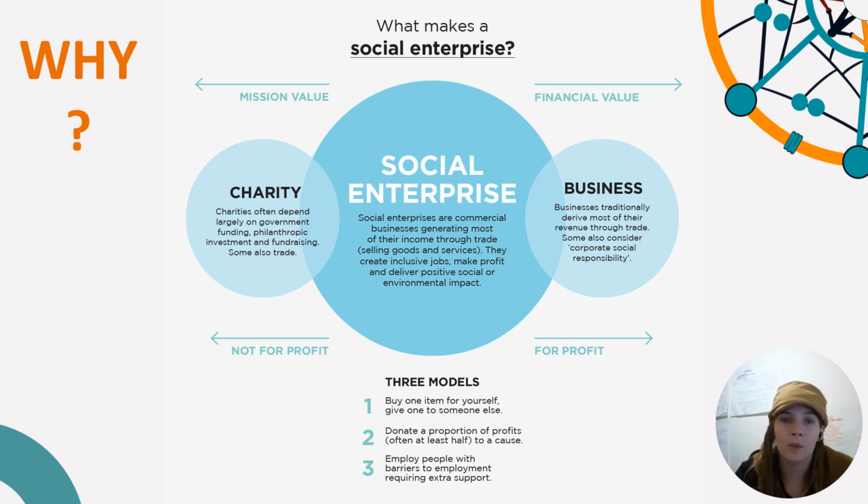The last one is what I'm talking about, a specific model that social enterprises take on, where they're employing people that face barriers to employment. One of the other categories of that would be a social enterprise that provides a service, and the people that you hire are people with disabilities, and you're giving them training and work opportunities.